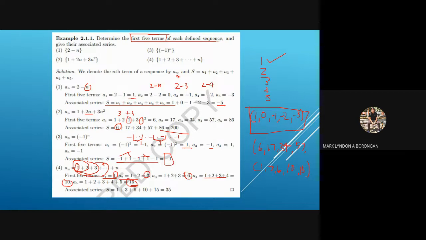Now, for the associated series, it will be 1 plus 3 plus 6 plus 10 plus 15, which in total is 35. So that's all. You just add them to get the series. Okay?